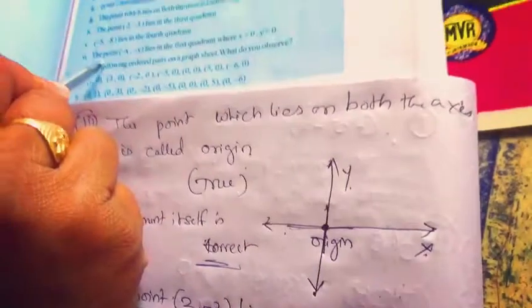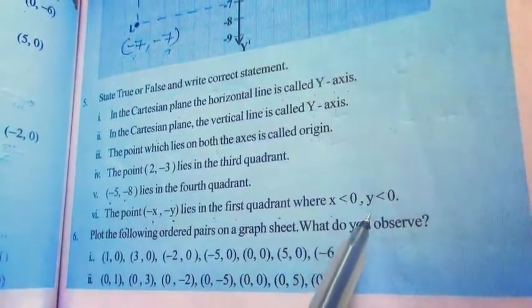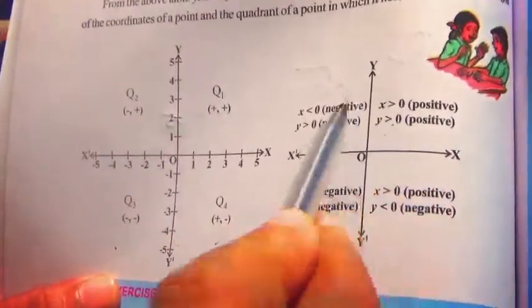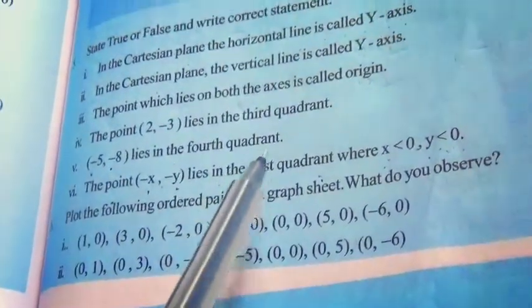Next, the point (-x, -y) lies in the first quadrant, where x is less than 0, y is less than 0. Look at here. In the first quadrant, x is greater than 0 and y is greater than 0. Then only it is the first quadrant. Here both are negative, that is less than 0. So this point lies in the third quadrant, not in the first quadrant.